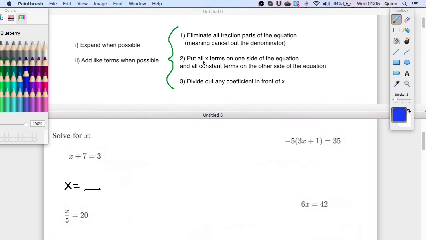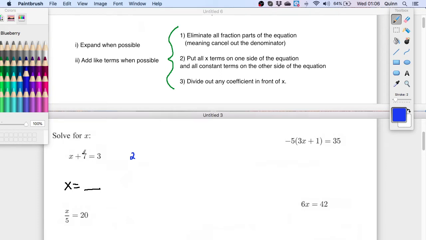Rule number 2, put all x terms on one side of the equation and all constant terms on the other side of the equation. So we do use rule number 2 here. So I'll put a number 2, meaning we use rule number 2. In order to do this, we need to maintain balance. So I would like all x's on one side of the equation and numbers on the other.